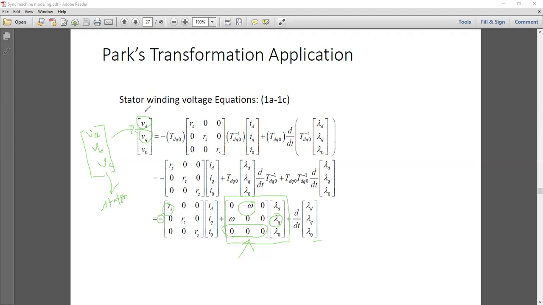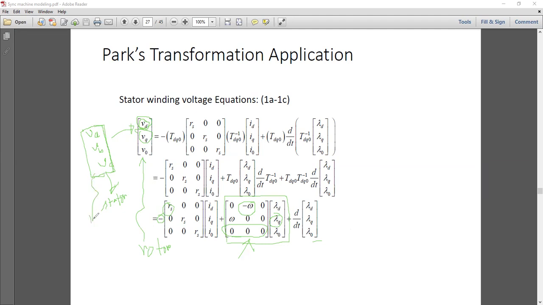Once we come into the DQ0 reference frame, then as we know, the D axis and Q axis are actually aligned, or specifically the D axis is aligned along the rotor main field axis. So by this transformation, another way to explain that, we were actually in the stationary frame.